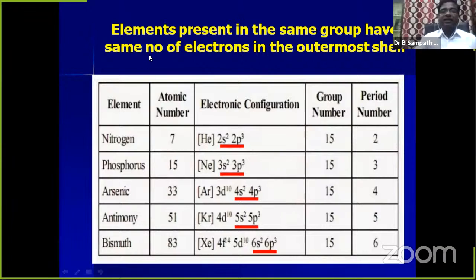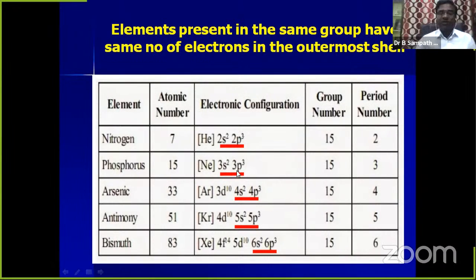So children, elements present in the same group have the same number of electrons in the outermost shell. See, for example, I have taken the 15th group elements. These group elements have the same number of valence electrons. See here, I have underlined: 2s2, 2p3 means 2 plus 3, 5.